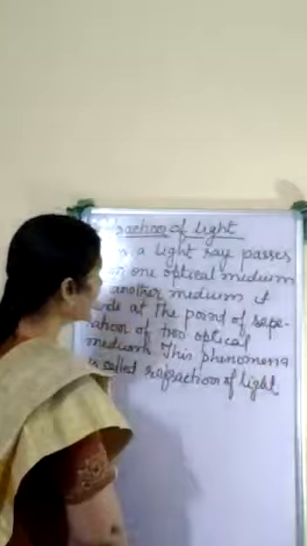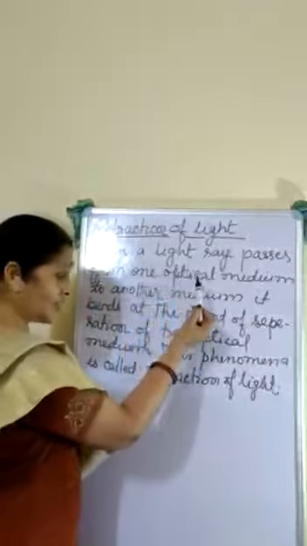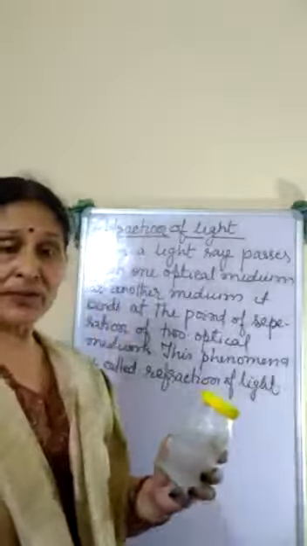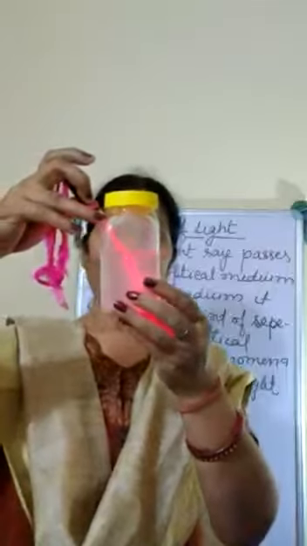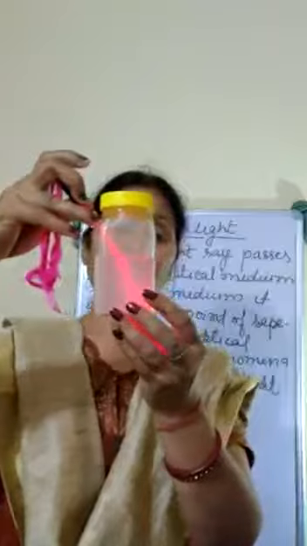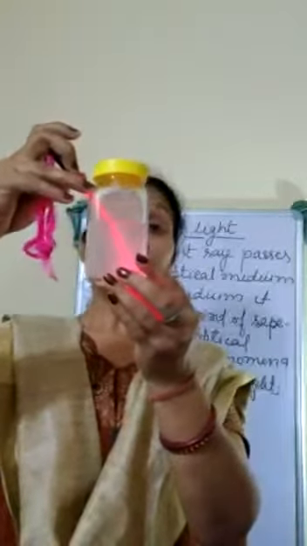See, when light is passing from one optical medium to another optical medium. Here you see, I have taken two optical mediums. In this bottle, above the water, there is air.